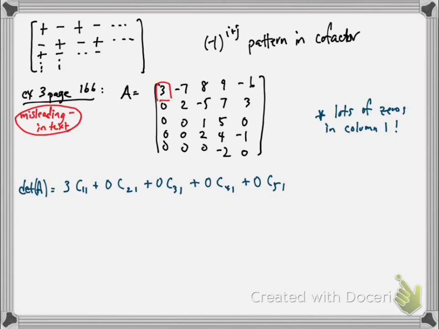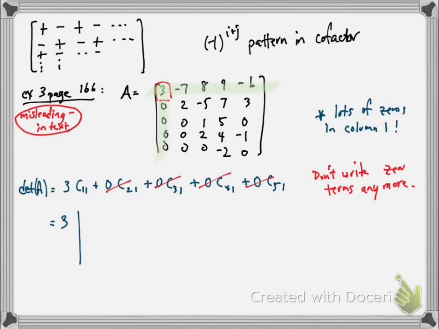Right? So I'm expanding along that first column. So from now on, these 0 terms, we're just going to omit to simplify things. Okay? And so now let's just continue computing.